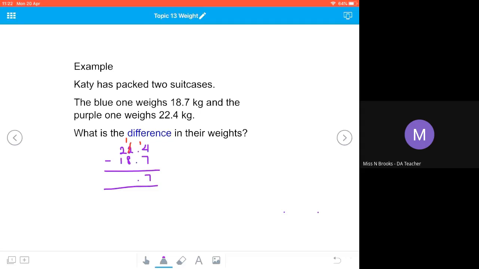But again, we can't do that. So we need to borrow from the tens column and make that into 11. And now we can do 11 take away 8, which is 3. And 1 take away 1 is 0, and so it's 3.7 kilograms is our final answer.